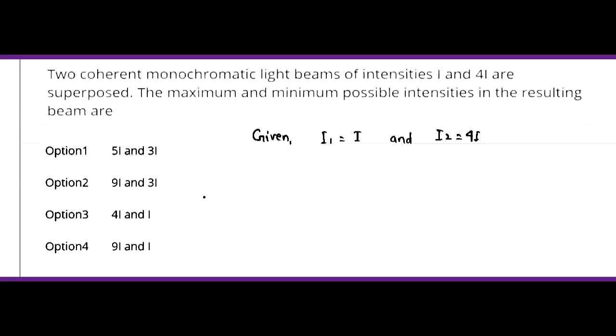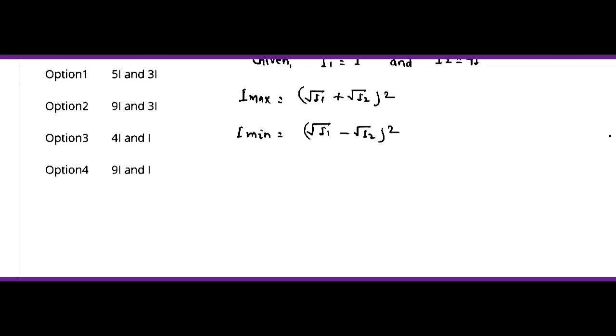We know that the maximum intensity I maximum is given by root under I1 plus root under I2 whole square, and I minimum is given by root under I1 minus root under I2 whole square. Now we have to find the ratio.